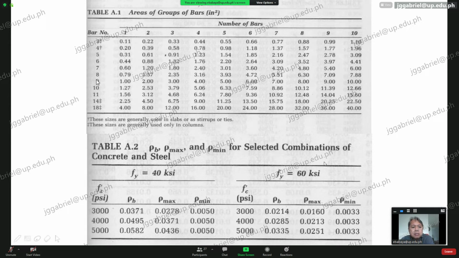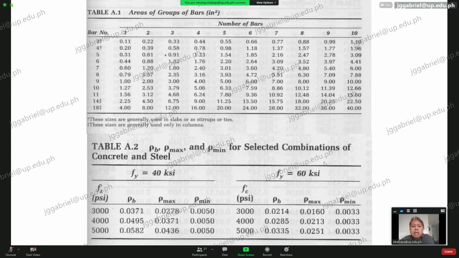So it's easiest with bar number 9 because of the total area. If you say, for example, 5 number 9s, right away you know the total area of steel to be 5, because for 1 number 9 bar, the cross-sectional area is 1.